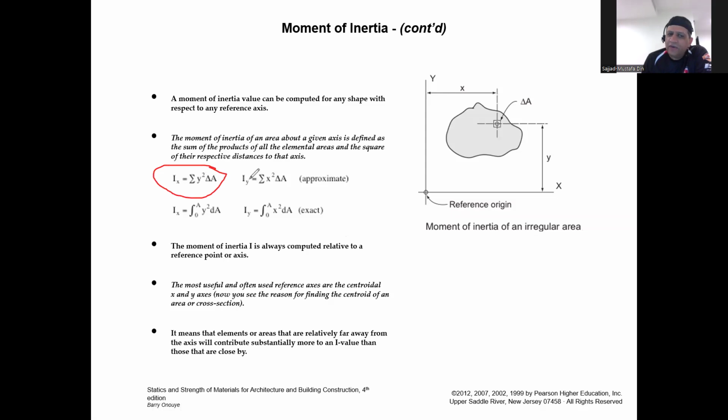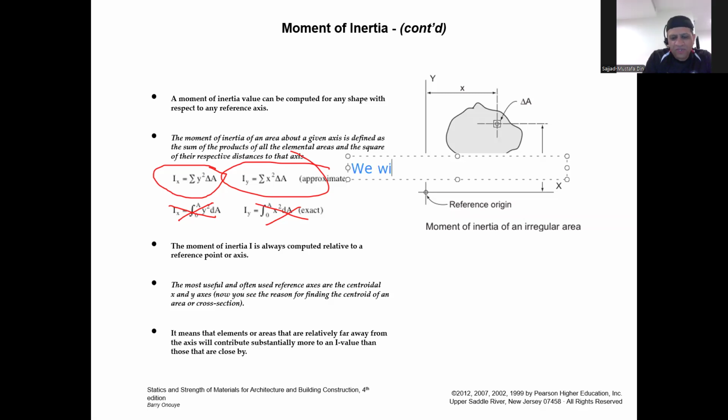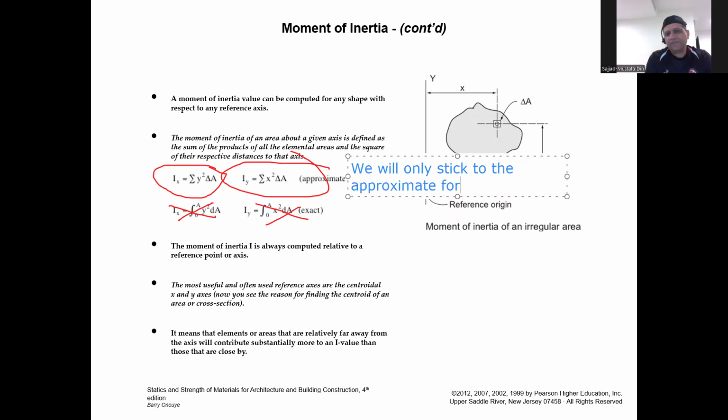If it's the y-axis that you're looking at, it's going to be the sum of x squared times the area, right? Now, do not worry, you're not going to be using integration. Right now, we're just going to stick to the approximate. So I'll put that in writing here as well. We will only stick to the approximate for now. Okay.